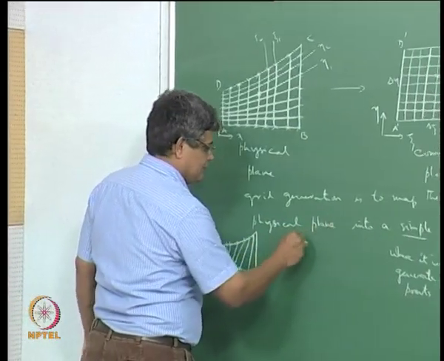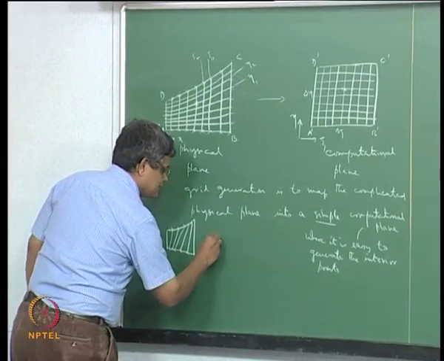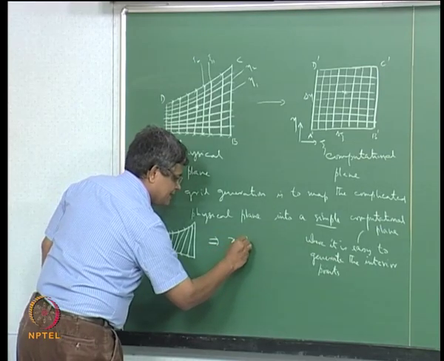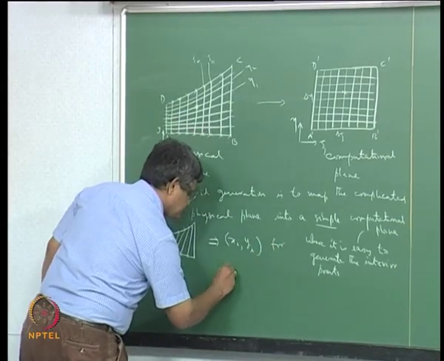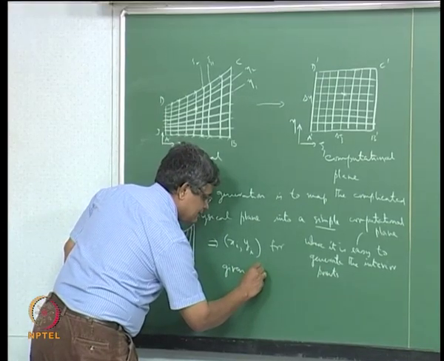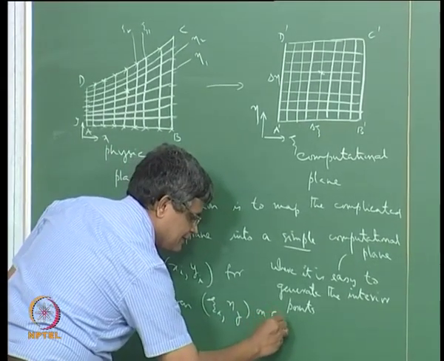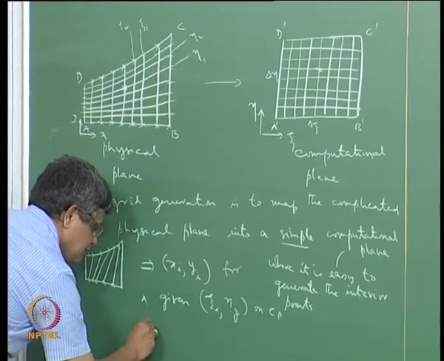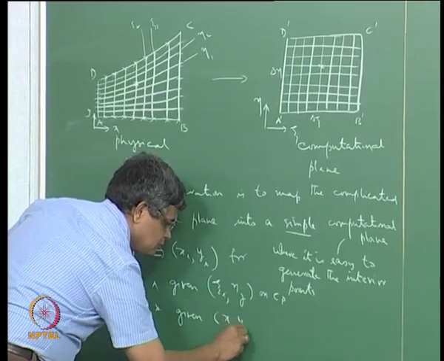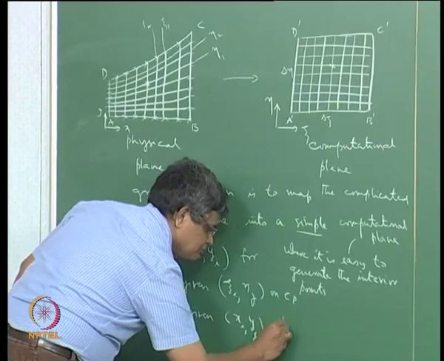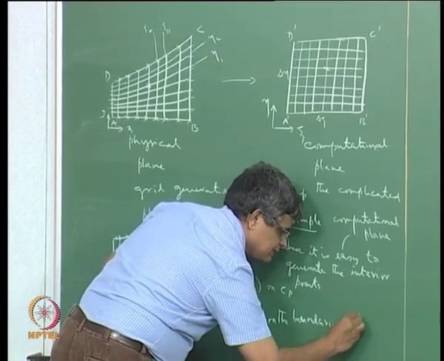So, this mapping of the physical plane into the computational plane should result in the computation of xi yj for given psi i, eta j on the computational plane, and given xi yj on the boundaries of the physical plane.